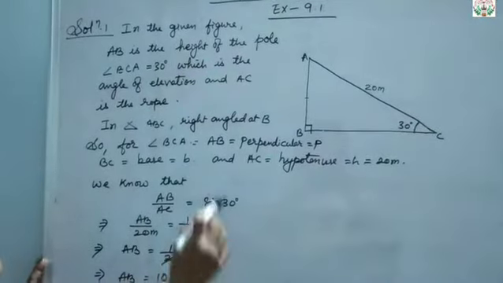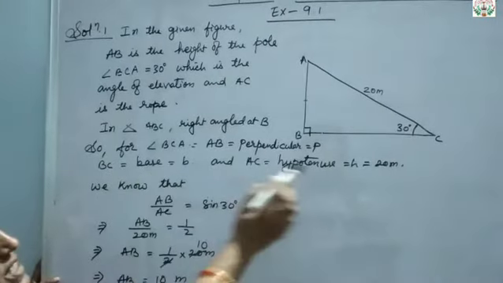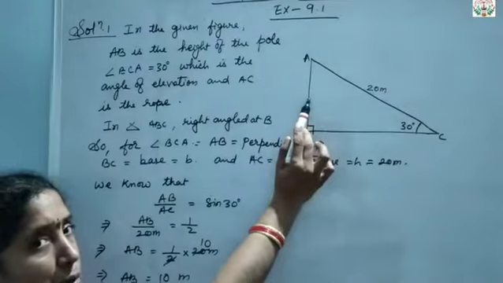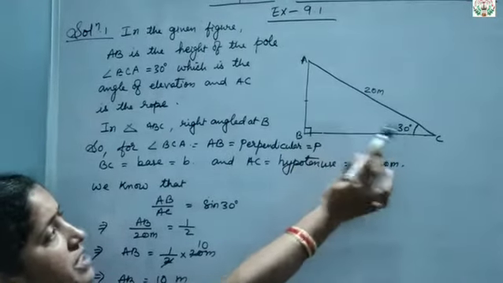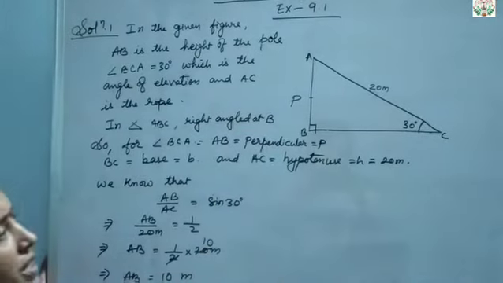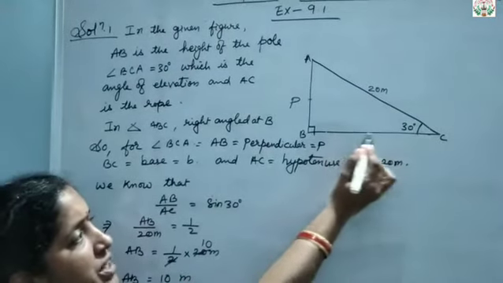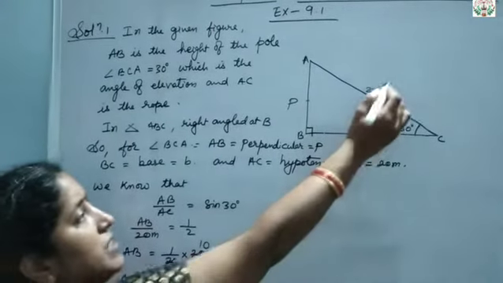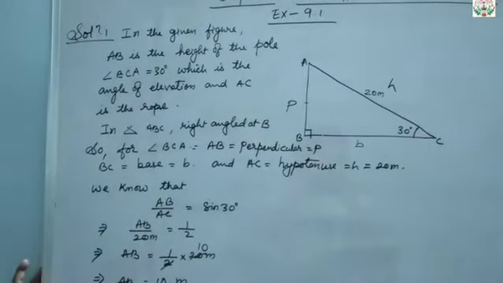90 degree. For angle BCA, you know that the angle's opposite side will be the perpendicular. So for angle 30, AB will be the perpendicular. The side adjacent to the angle is called base, and this will be the hypotenuse.